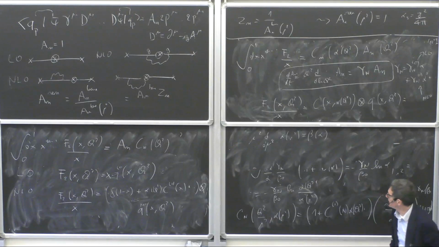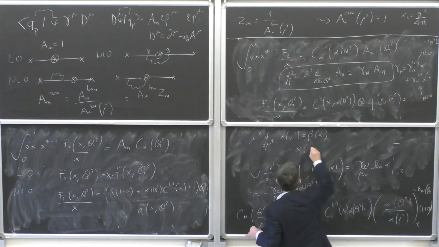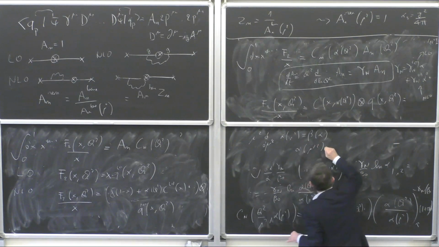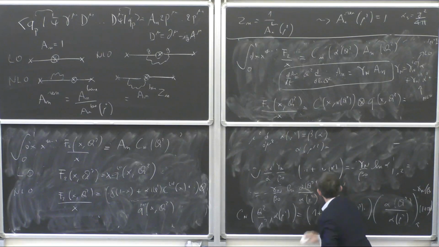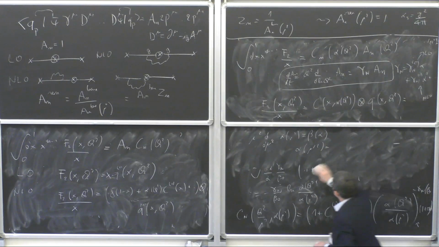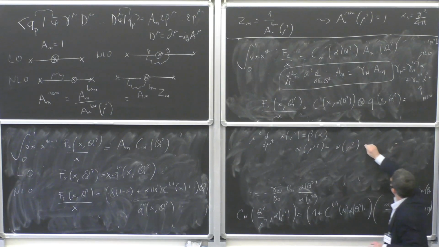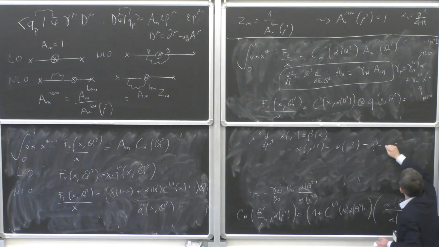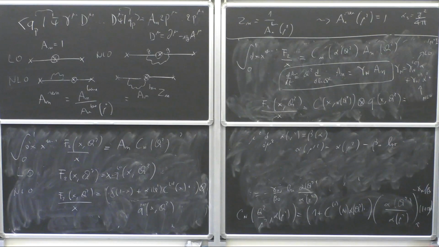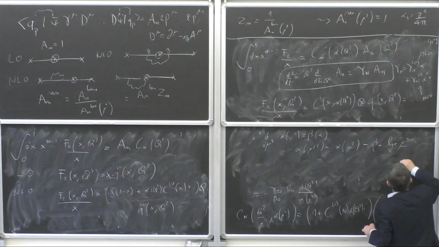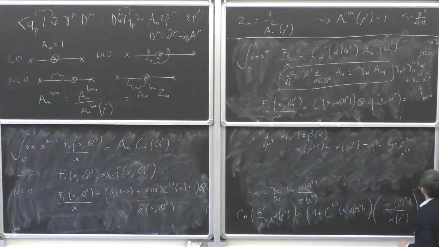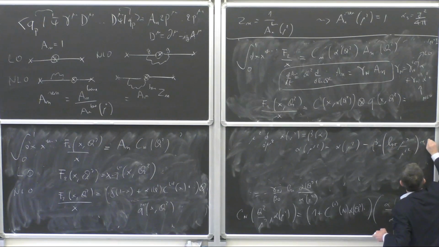This in particular means that if I take alpha of mu prime square, this is equal to alpha of mu square minus beta naught log mu square divided by mu prime square times alpha square of mu square or mu prime square.